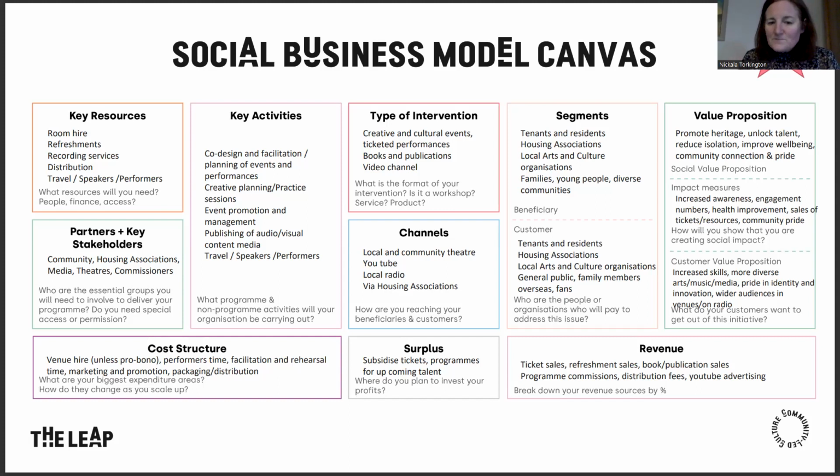It can use that surplus to design programs to talent scout and support upcoming talent and invest in those performers that are coming through, and maybe take them on a roadshow. Once there's that surplus, you've got options and you've got choices, and the business model evolves and grows and becomes that viable organisation that can have a life of its own.